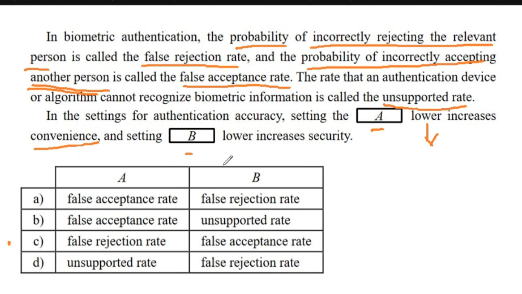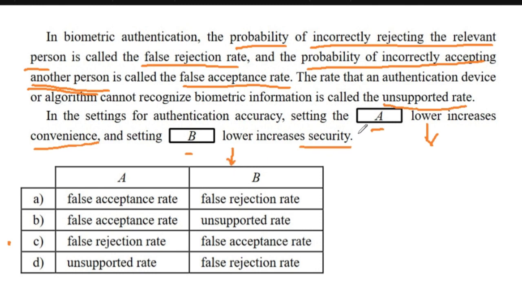And then for letter B, if the people who are not supposed to be the correct guy are being incorrectly accepted, then that's going to be bad for security. So we lower that, and that increases our security level.